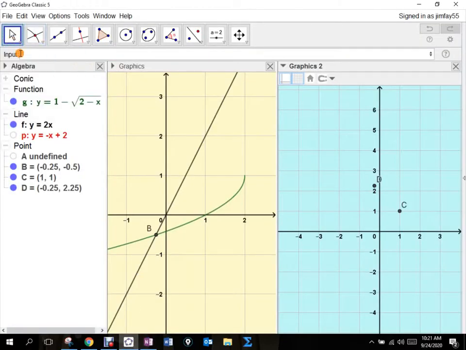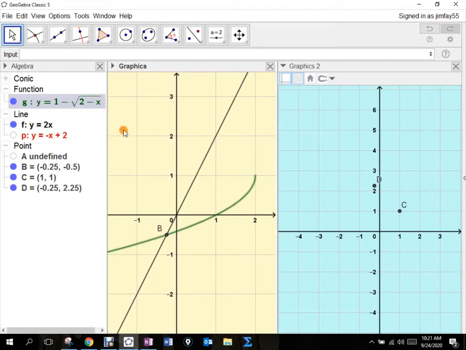The original equation is right here. I graphed the left-hand side, which was 2x, and I graphed the right-hand side, which was 1 minus root 2 minus x. They intersect here at point B, which is an x value of -1/4. Is it okay with everybody? So that's my solution to the overall problem. That's what I'm trying to show by hand.